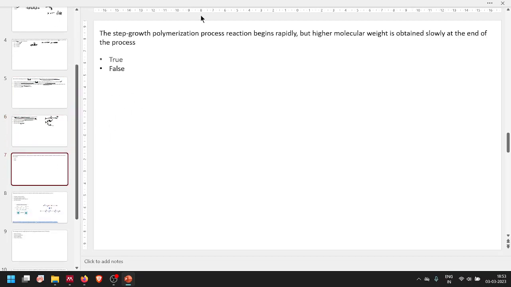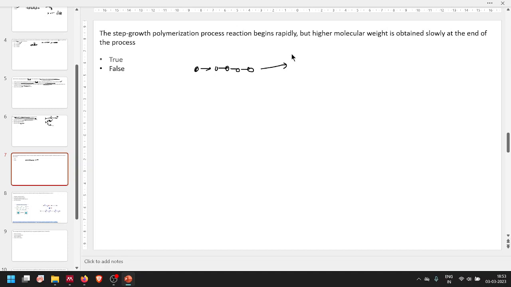Next, we have the step growth polymerization process. Reaction begins rapidly, but higher molecular weight is obtained slowly at the end of the process. Step growth polymerization at its initial stages does occur rapidly. As the monomer comes in contact with any kind of initiator, it will join together with other monomeric species to give rise to the polymer at a rapid rate.